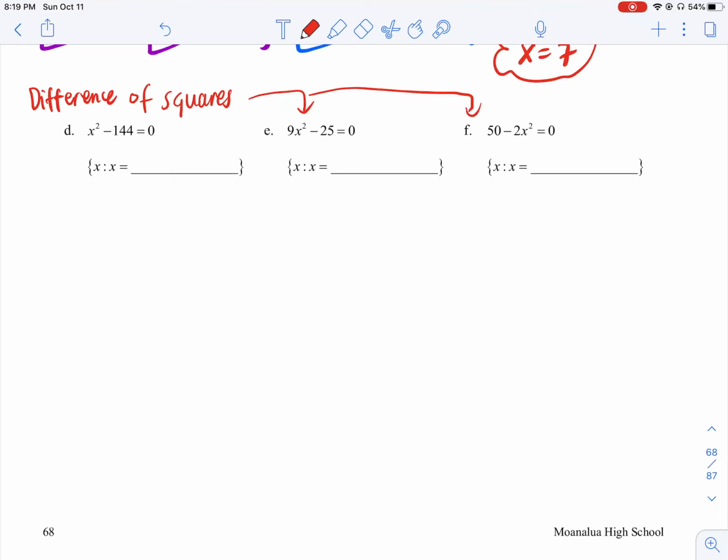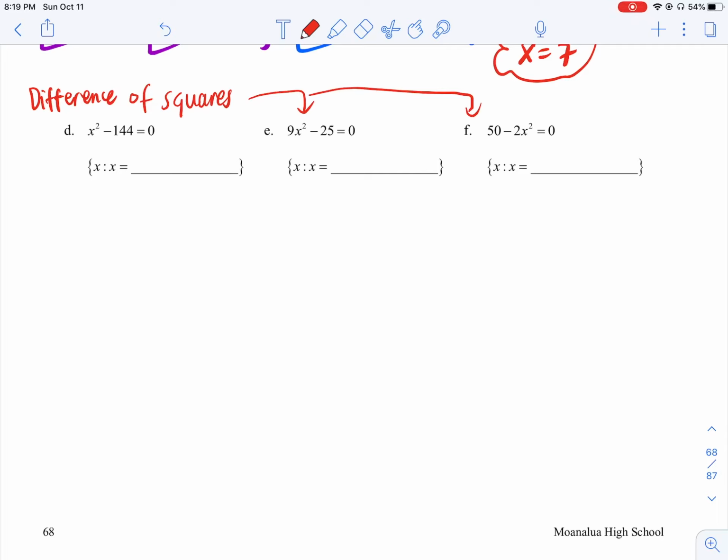Okay, because I don't have a B value, and it looks like the C values are perfect squares. What do you mean by perfect squares again? Like 144 is a perfect square because 12 times 12 is 144. 9 is a perfect square because 3 times 3 is 9. 25 is a perfect square because the square root of 25 is 5, or 5 times 5 is 25. Okay?